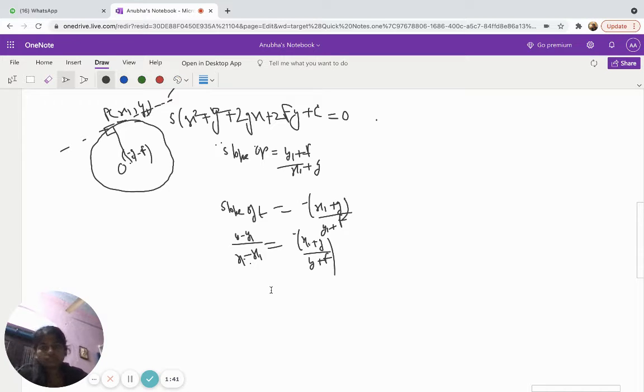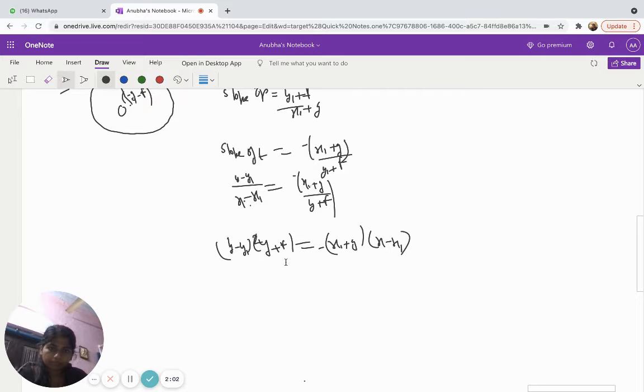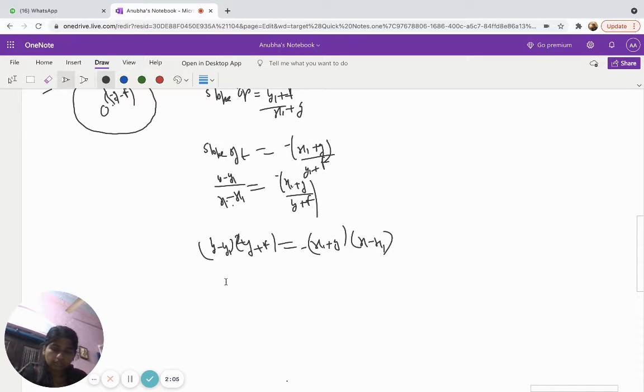Okay, so let's cross multiply: y minus y1 into y1 plus f equal to minus of x1 plus g into x minus x1. Okay, so let's make the equation here and combine it. So y minus y1 into y1 plus f plus x1 plus g into x minus x1 equal to 0.